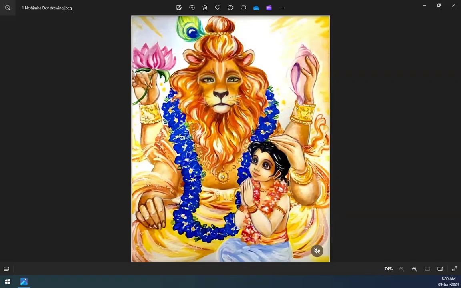So the 5 ignorances are: Tamishra means anger. Andhatamishra means considering death to be the ultimate end due to ignorance.